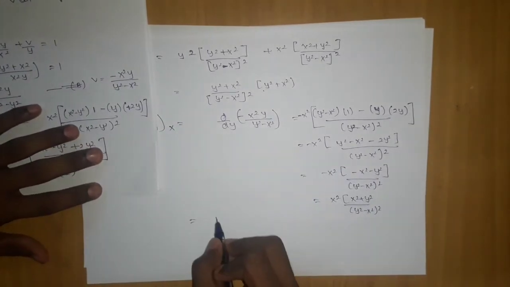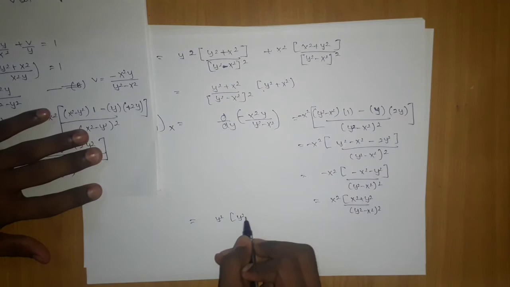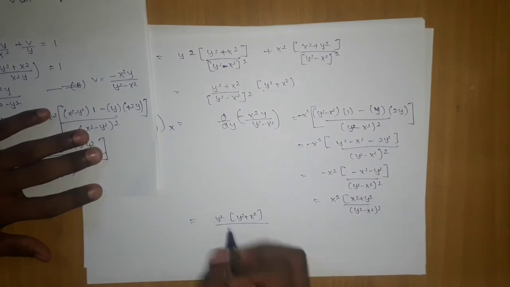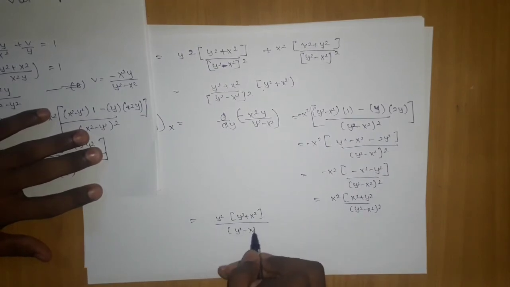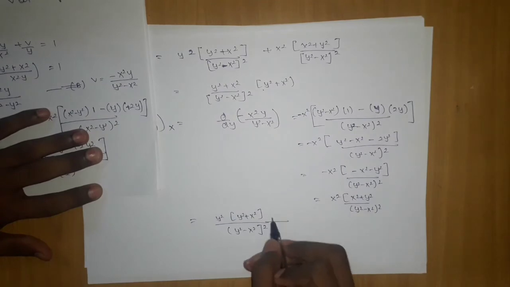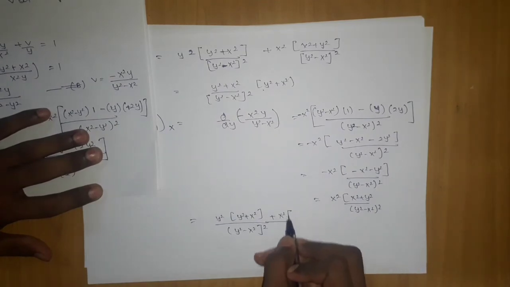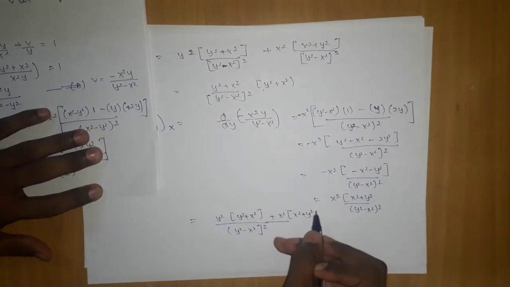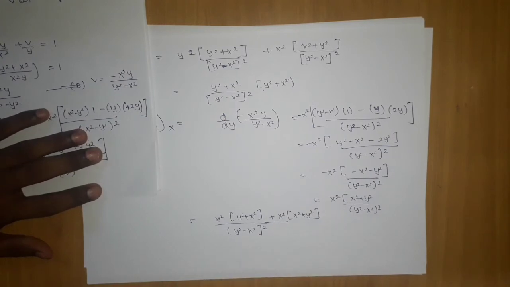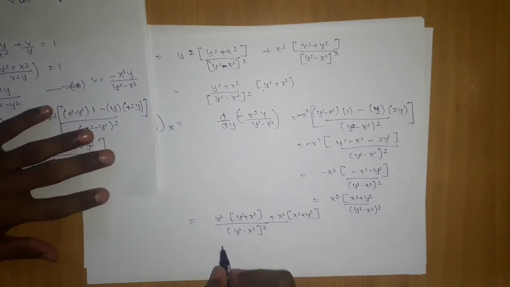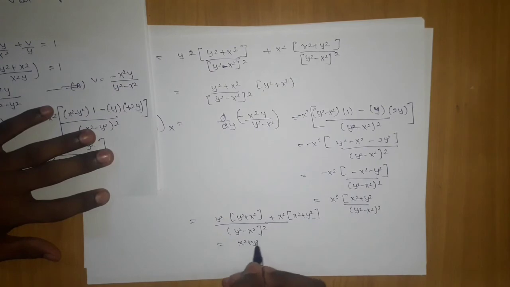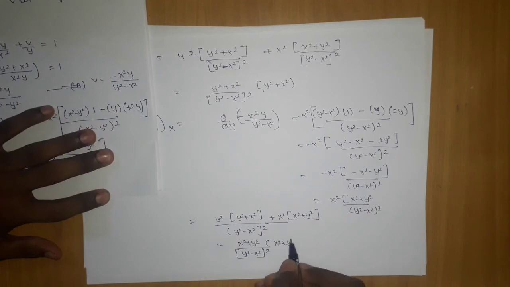If I do here y square plus x square, here the denominator will be same, y square minus x square the whole square plus x square into x square plus y square, right? So we will take x square plus y square common. If I take x square plus y square common, I will be left with y square minus x square the whole square also in the top, and here x square plus y square.